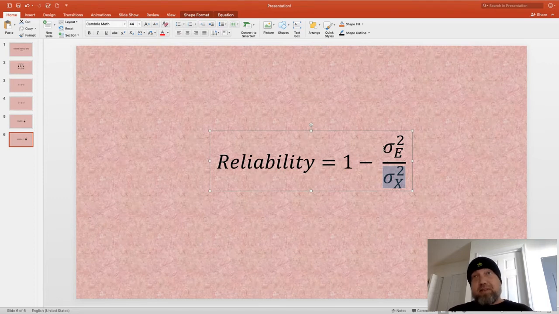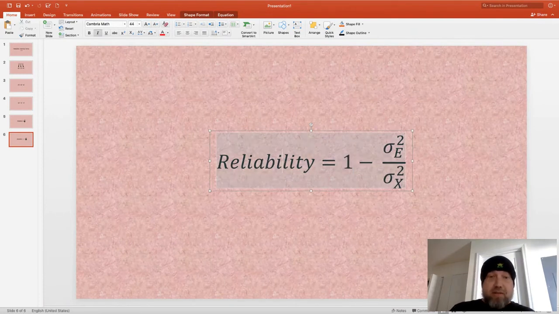So in this case, let's just look at the latter right-hand side of this equation. I can see that we have a ratio, once again, of error variance to my observed score variance. So this part of the equation is basically saying how much of my observed score variance can I attribute to error. And then we're going to subtract that off from the whole, which would be 1.